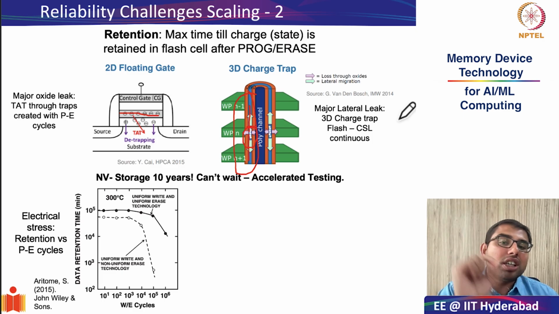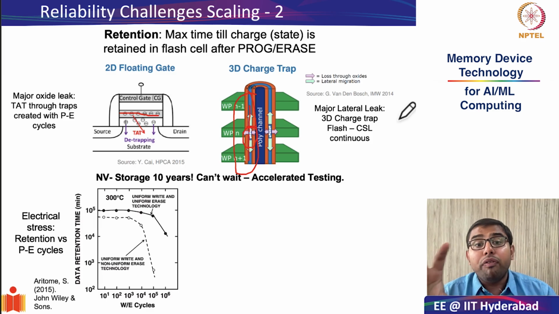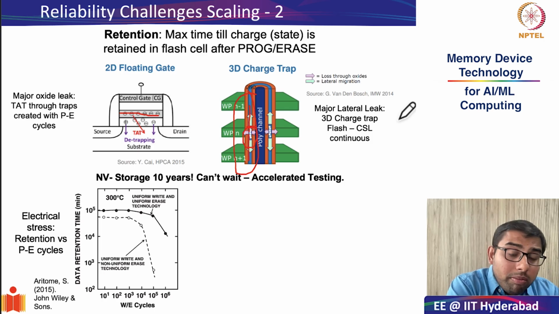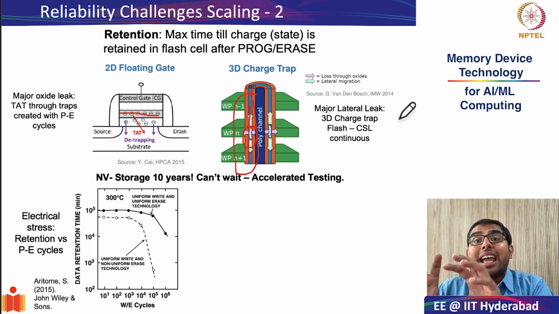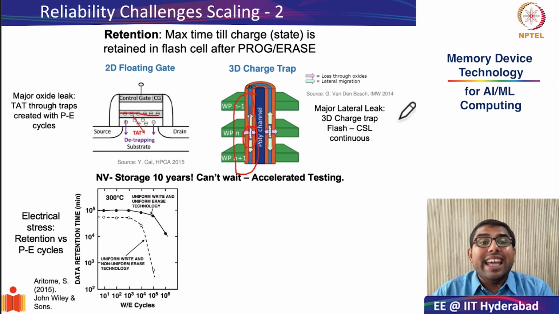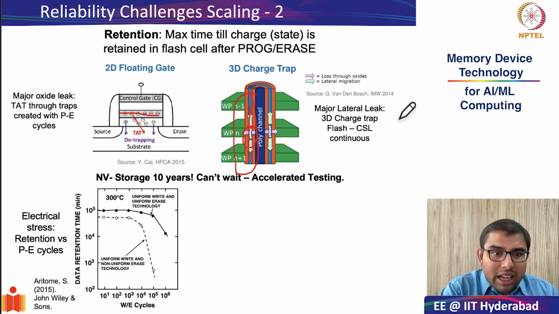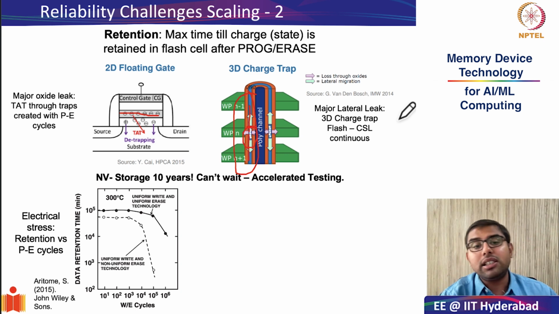What is the main philosophy of accelerated testing? It is very simple. You apply more stress to the system, in the form of electrical strain and elevated temperatures, to see whether the storage holds for a few weeks, and then you extrapolate the results to 10 years.